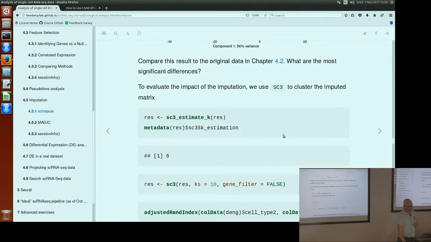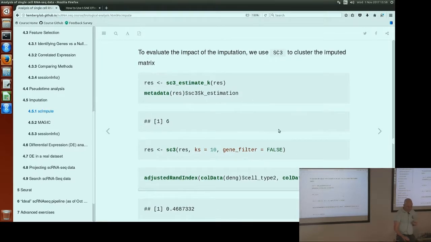So what we do is we run SC3, because that's our favorite method, on the imputed data, and then we compare that result to what happened when we ran SC3 with the original data. As you can see here, for the estimation of K, we still get 6 clusters.